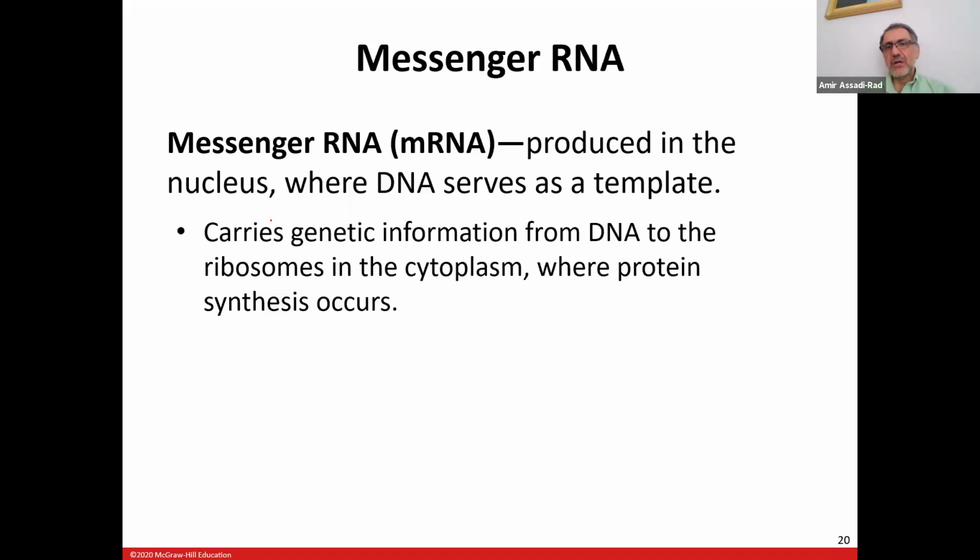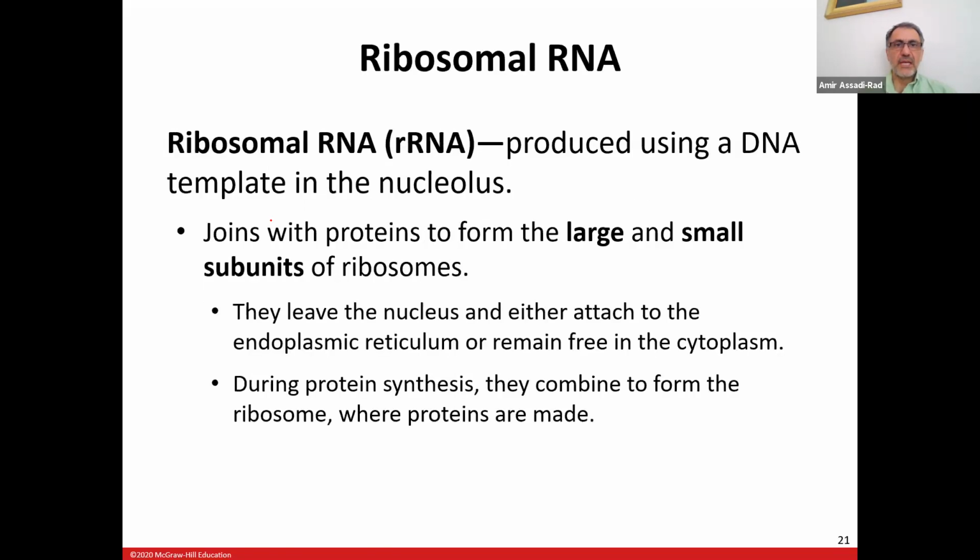The messenger RNA, as the name implies, gets the message from the template, from DNA, and goes into the cytoplasm and starts putting the amino acids together to make a protein molecule. It is produced in the nucleus where DNA serves as a template, and carries genetic information from DNA to ribosomes in the cytoplasm, which we talked about.